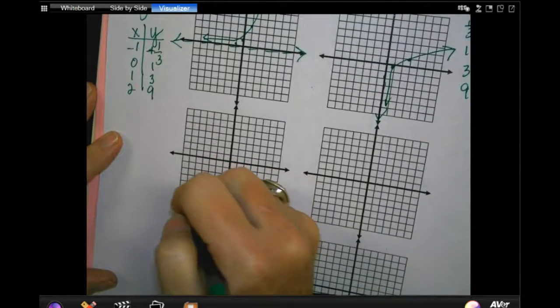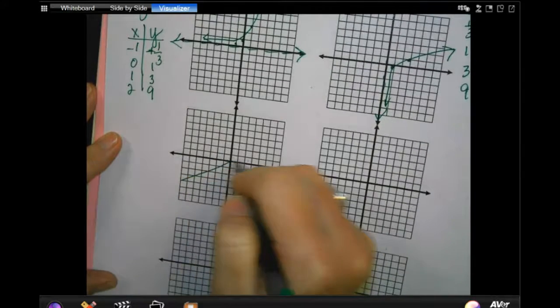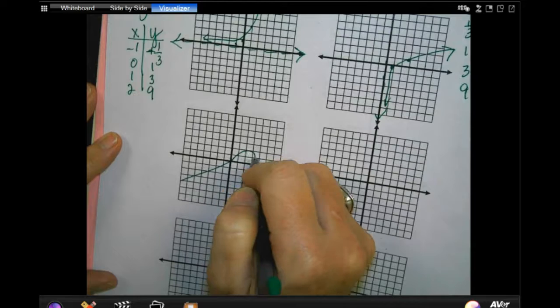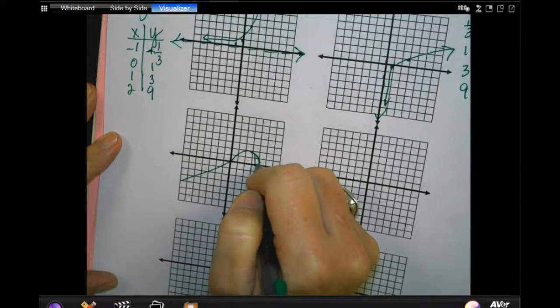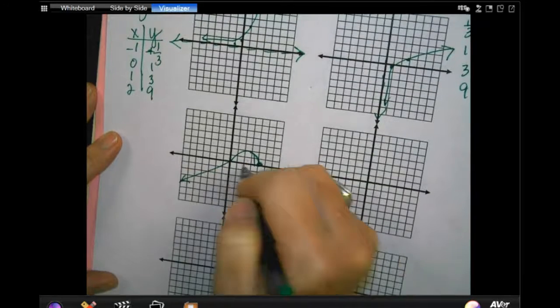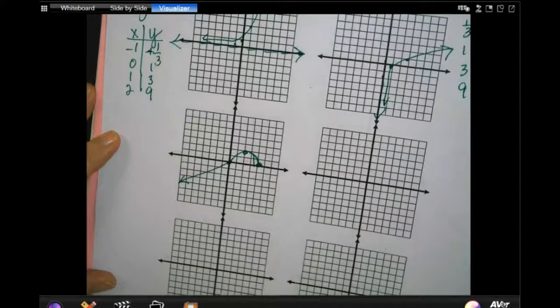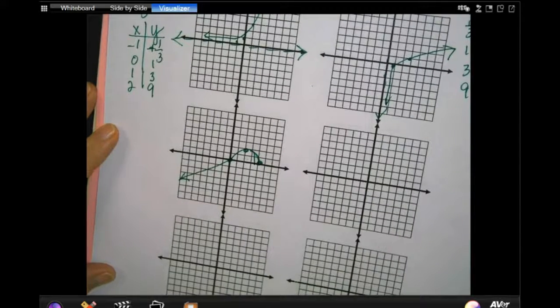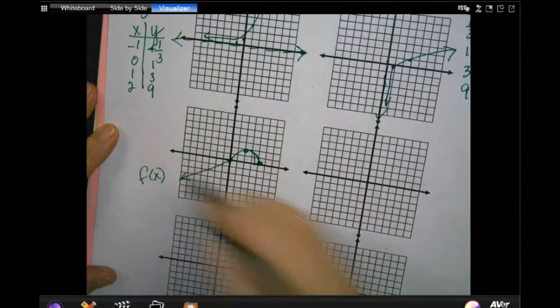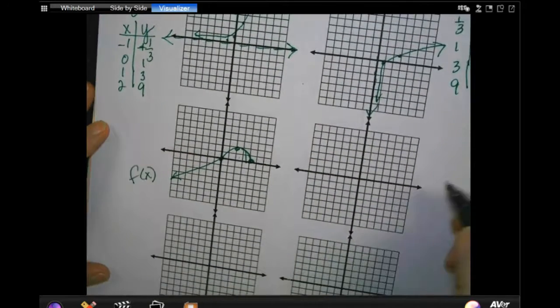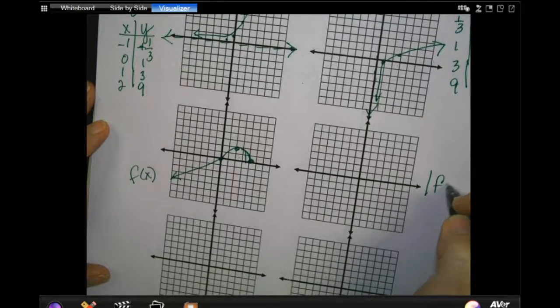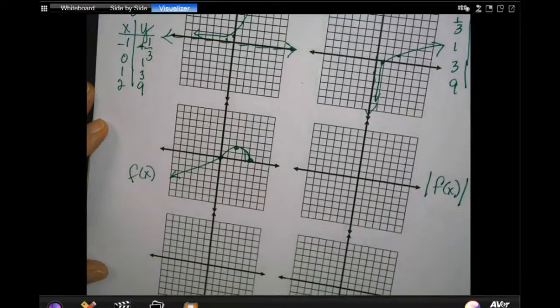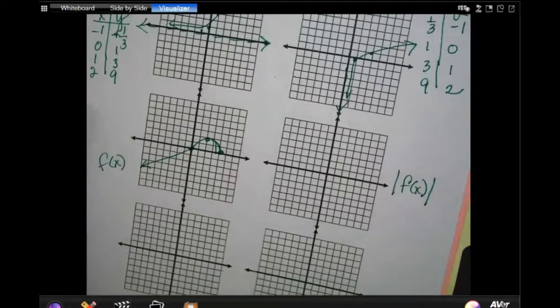Okay, so now watch. If I have this as my function, and I ask you to do this, it's the absolute value.